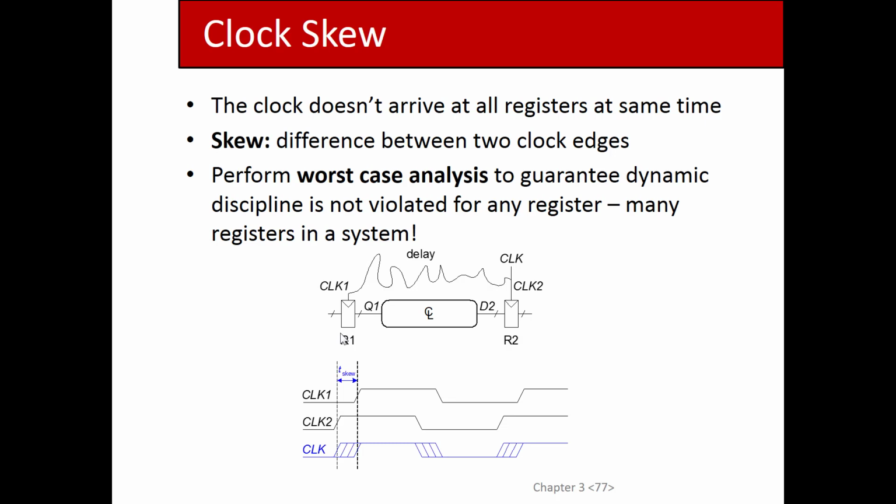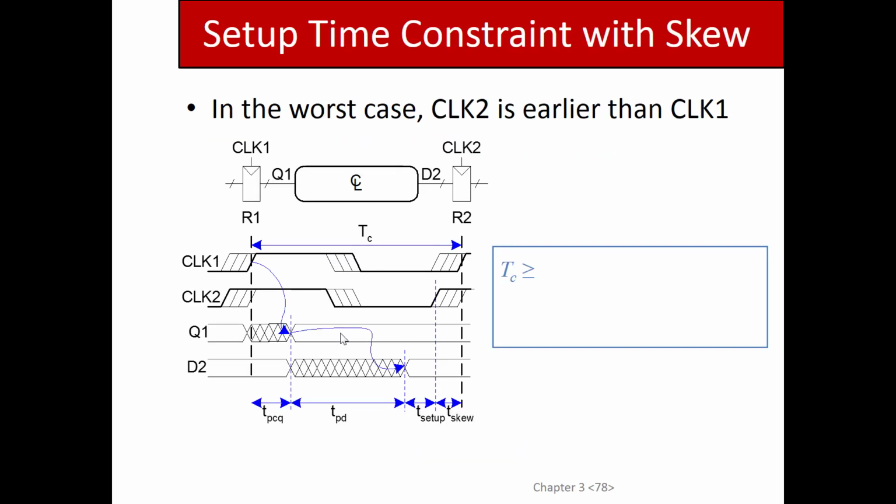So what that means in terms of the timing analysis is that you have to consider clock skew, because if you have your source register and your destination register, they may not have the same clock. They may be skewed. Meaning, in the worst case, now you don't know how they're going to be skewed relative to one another, but in the worst possible scenario, which you have to account for, this destination register may have a clock edge that is actually coming before clock 1's, the source register. Right? It's possible.